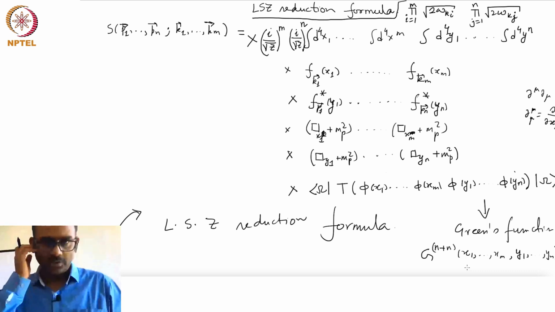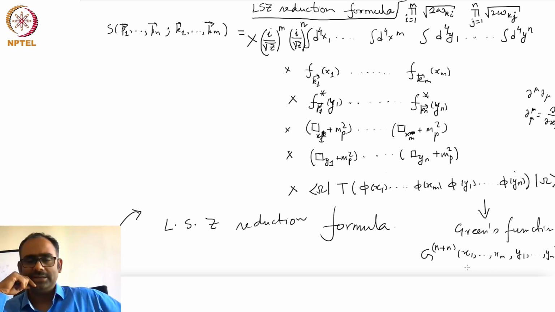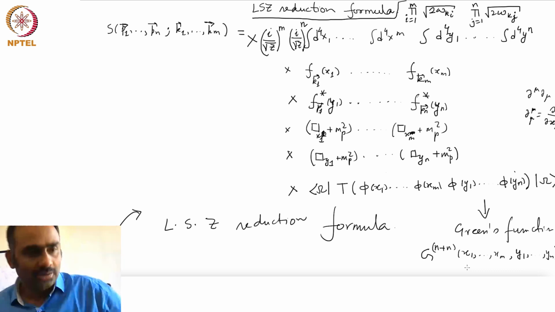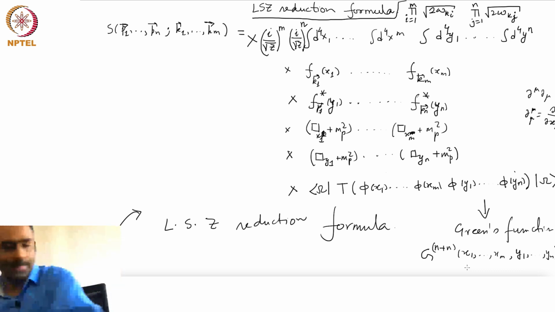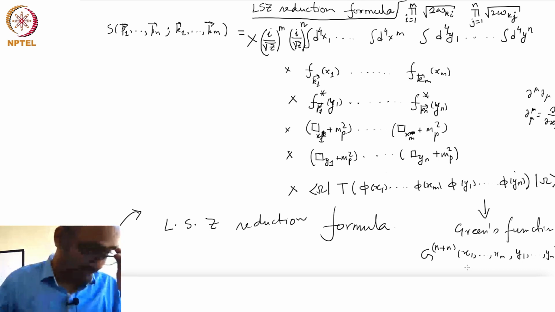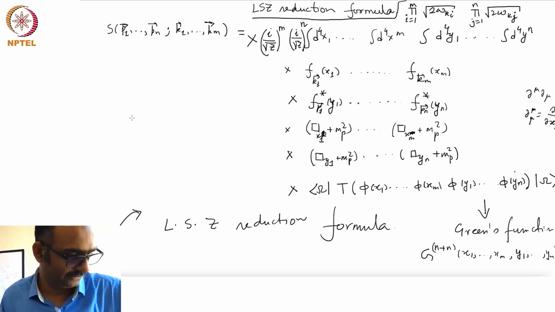So, now my plan is to further manipulate this and put it in a nice form. And before I do that, I will also just remind you what f of k is.